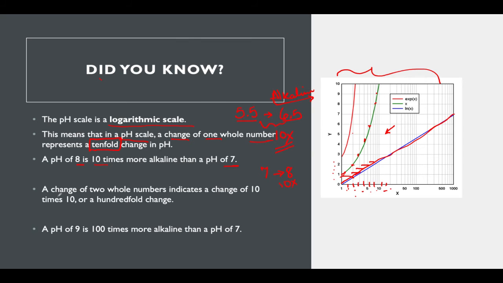That's quite a lot. And look at this further warning: a change of 2 whole numbers indicates a change of 10 times 10, or a 100-fold change. So again, staying with our acid mantle, say it went from 6.5 and then moved to very close to the water, which is 7.5.